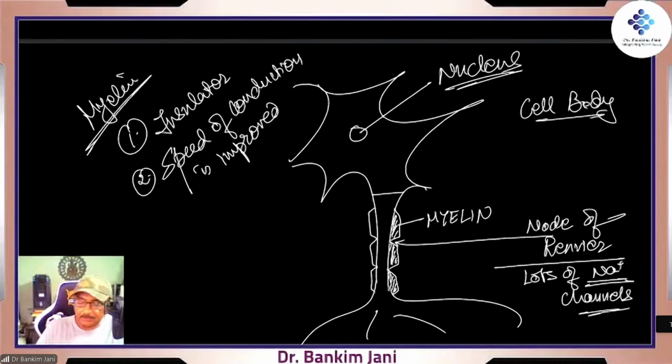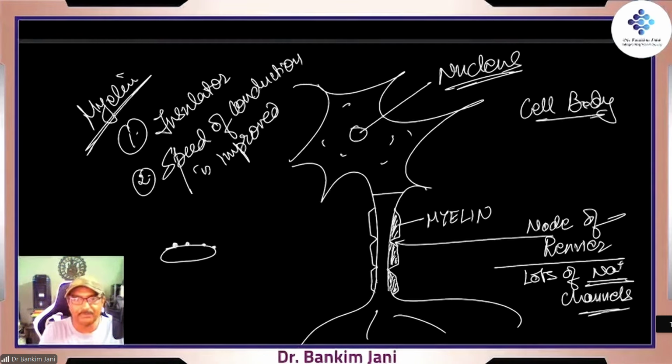All right. Now, this is the cell body, and in this entire cell body, there would be some rough endoplasmic reticulum. When we say rough endoplasmic reticulum, that means if ribosomes are present on the endoplasmic reticulum, then we say it is rough.